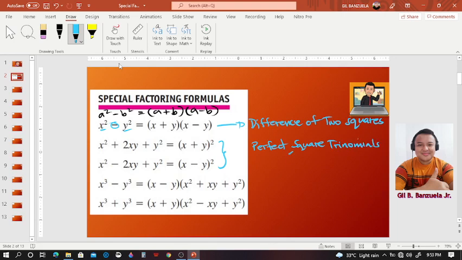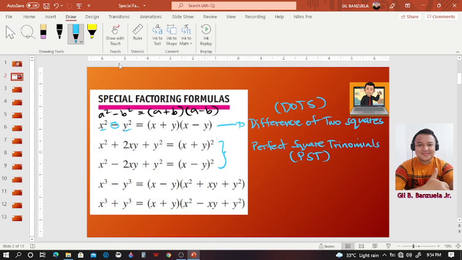So, sa klase ko, tinatawag namin yan PST in short. So, yung difference of two squares, tinatawag namin yan DOTS. Ayan. So, mas maganda na rin yung minsan gumagamit tayo ng mga ganyan, no? Mnemonic ba tawag natin dyan guys.